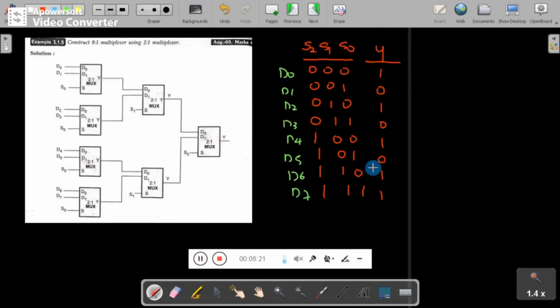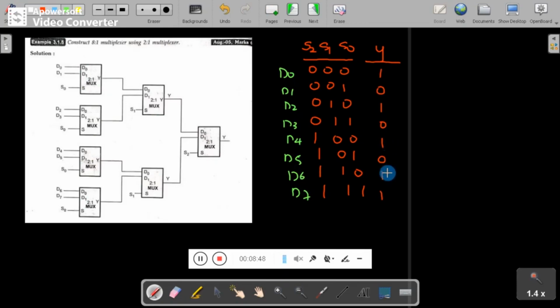Now here you will see how 8:1 mux works exactly. I have written the truth table for 8:1 mux. So we have 3 control lines, S0, S1 and S2. And we know the input values also. Here it is written input values D0, D1, D2, D3, D4, D5, D6, D7. I have written the input data values 1, 0, 1, 0 randomly.